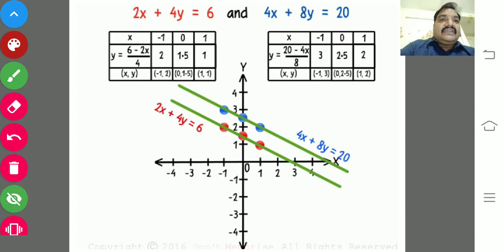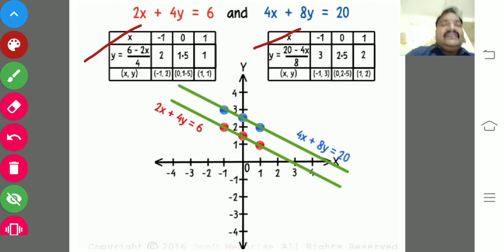Yes. So here we have the two tables carried in this slide. We know that for the first, 2x plus 4y equals 6, what is the first one? 0, 1.5.